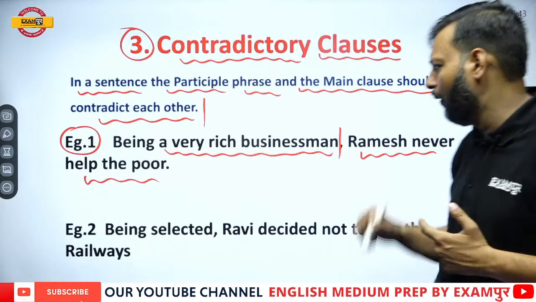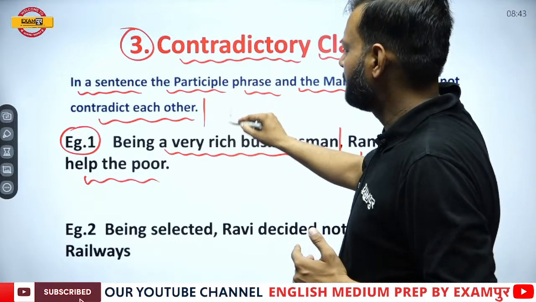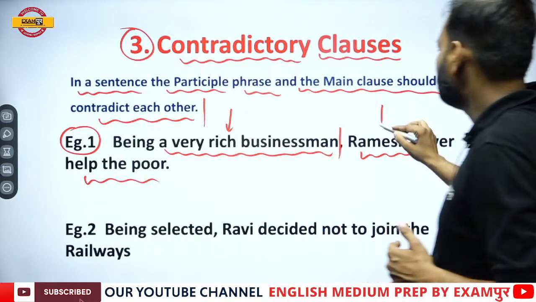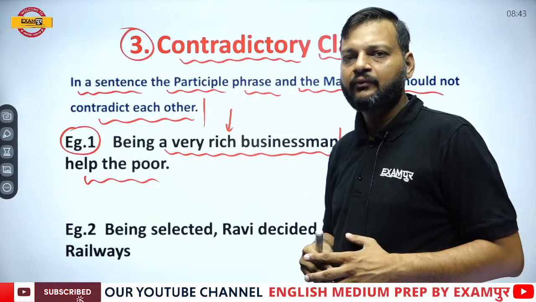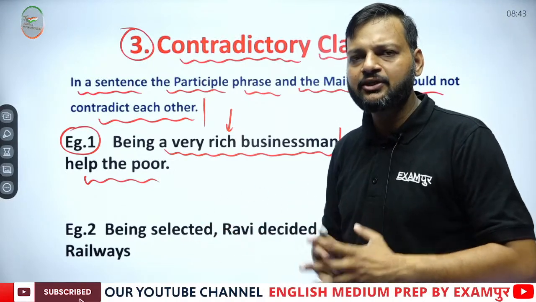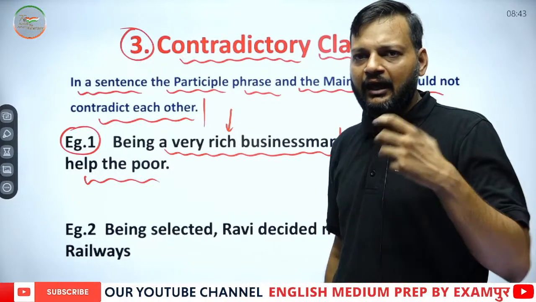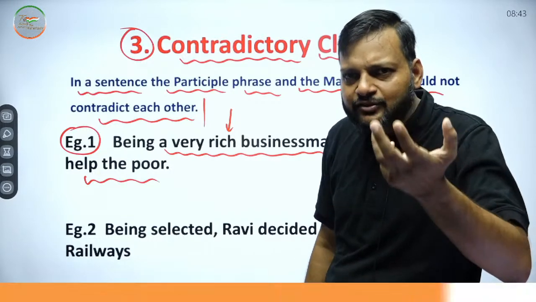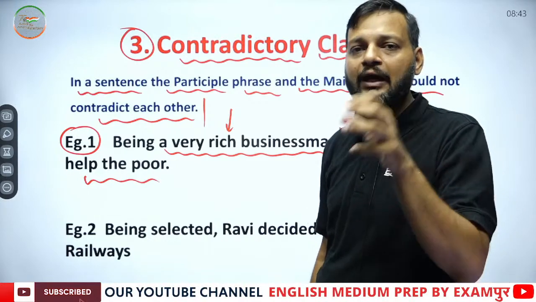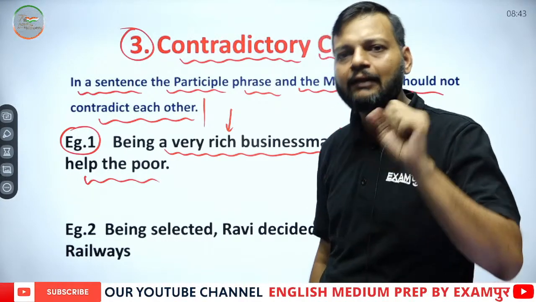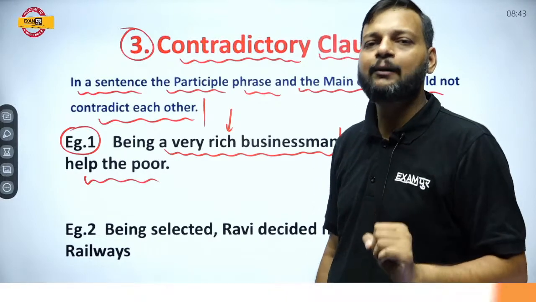In this sentence, the participle phrase and the main clause are contradicting each other. How? If Ramesh is a very rich businessman, he is supposed to help the poor. He should help the poor. He must help the poor.